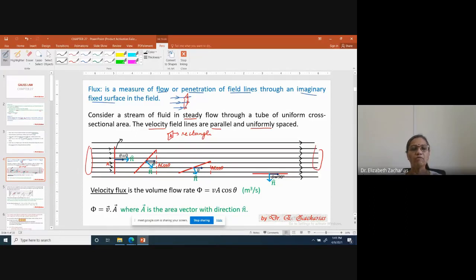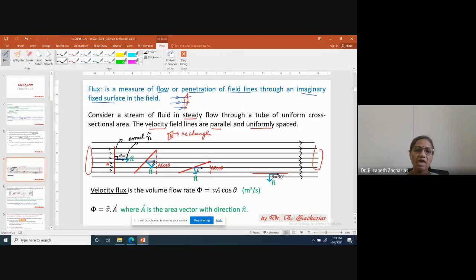Now we will define, there is a blue arrow you can see there, something called a normal vector. Normal means perpendicular. Perpendicular to this area, we are going to define a unit vector called n cap.